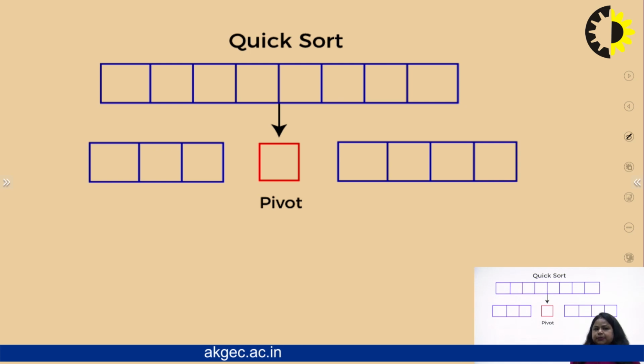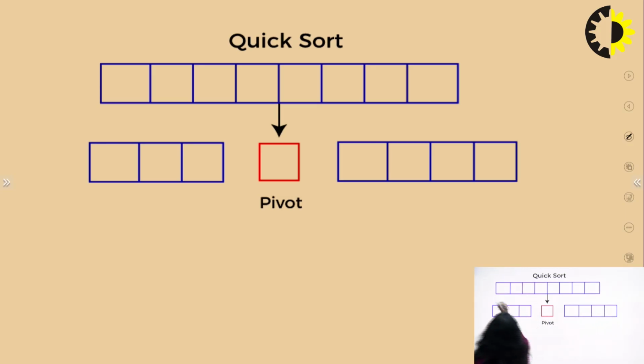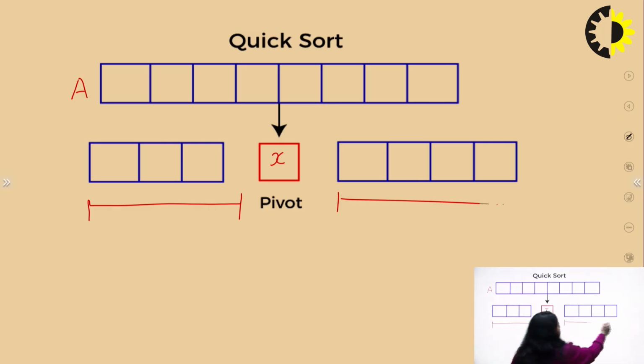In the case of the pivot element, whatever data is given to us, whatever elements are given in an array, suppose this is an array A. Remember one thing: suppose this element x comes out to be the pivot element, then the array is divided into two sub arrays, an array on the left side and an array on the right side.